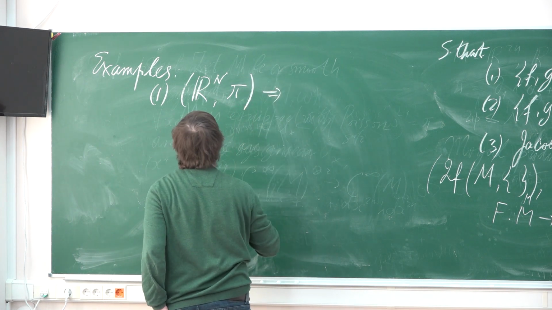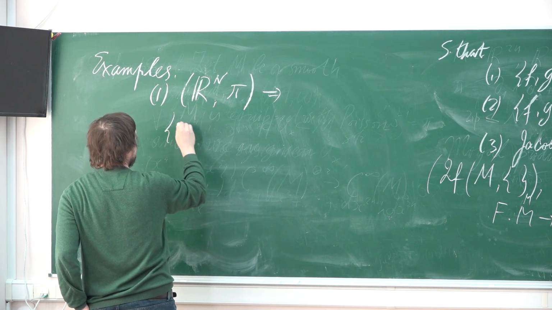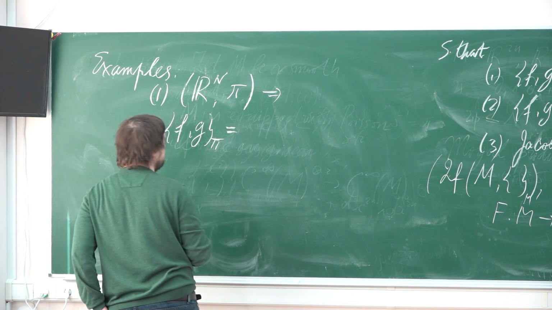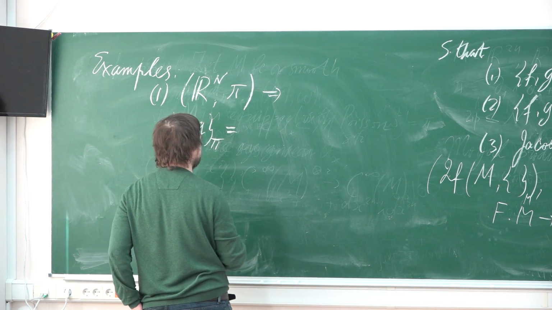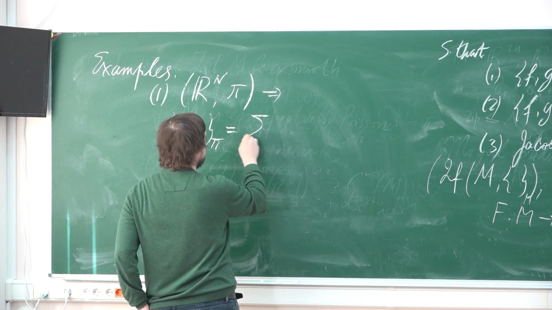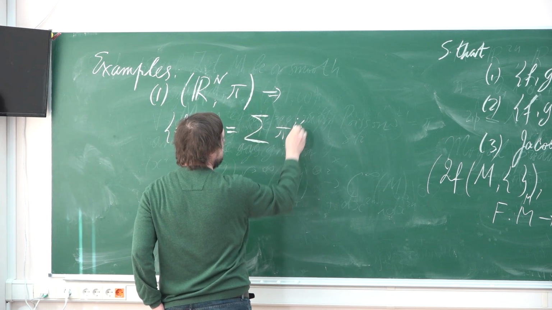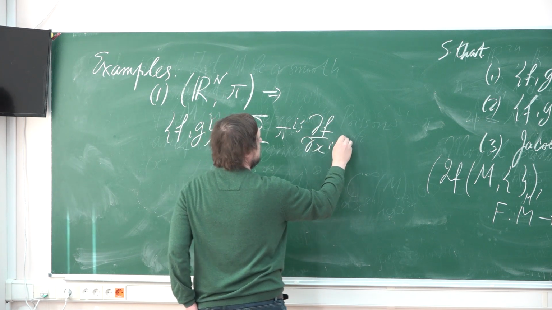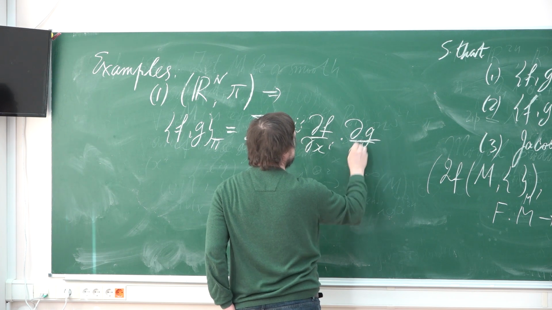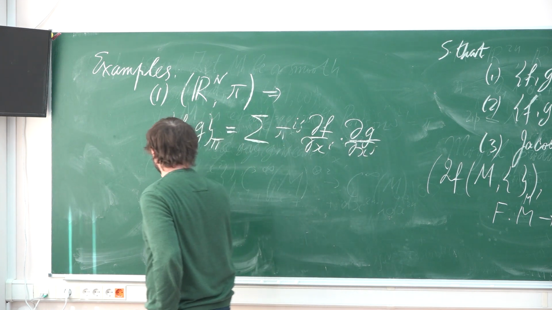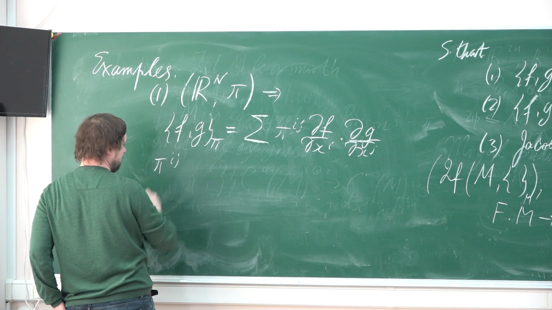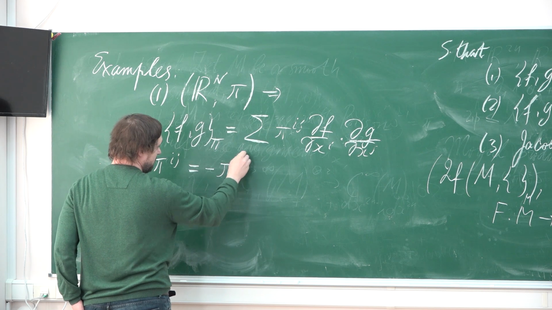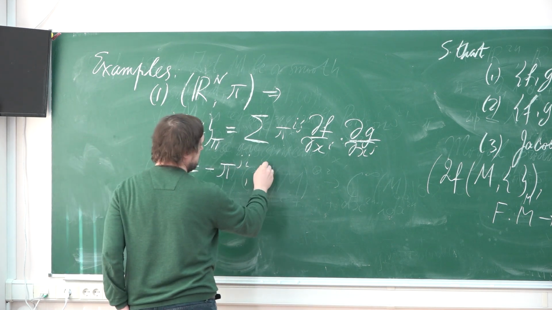In that case, the Poisson bracket of f and g with respect to pi will be given by the formula which you already encountered when we spoke about the model product: it will be equal to pi^{ij} (df/dx_i)(dg/dx_j). Here pi^{ij} are the coefficients of the matrix pi, so they're antisymmetric and they're constant.